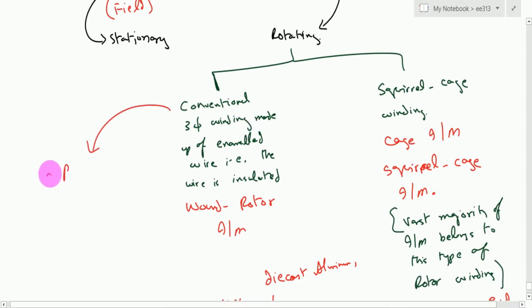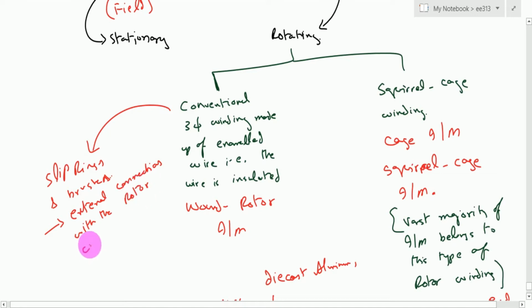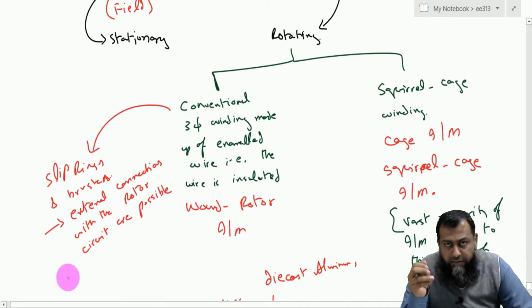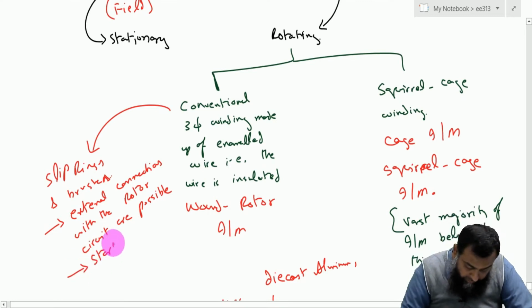So this one requires the slip rings and the brushes. The advantage here is that external connections with the rotor circuit are possible, so that we can add resistance in the circuit wherever it is required, usually during the starting of the induction machine.